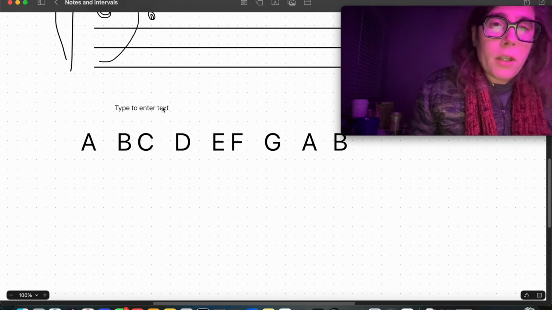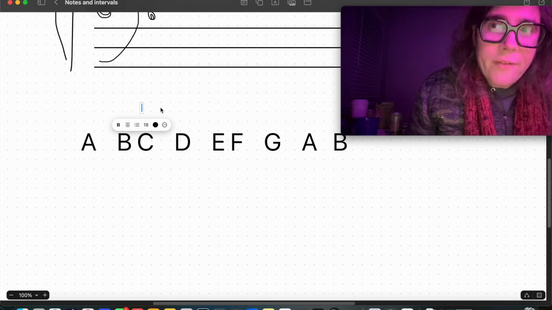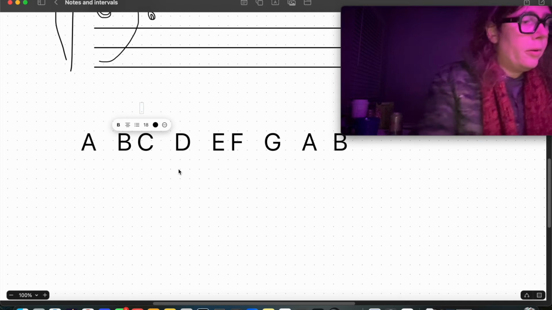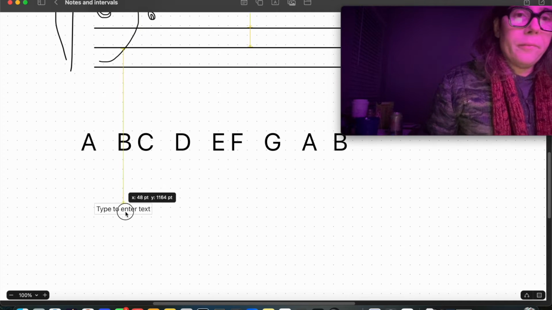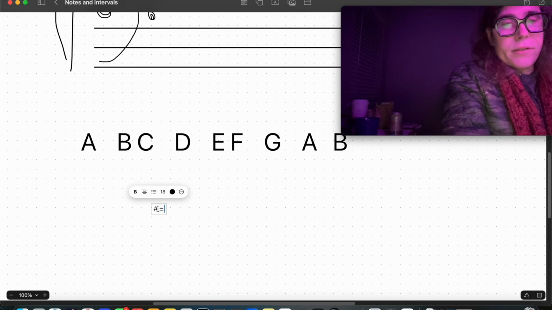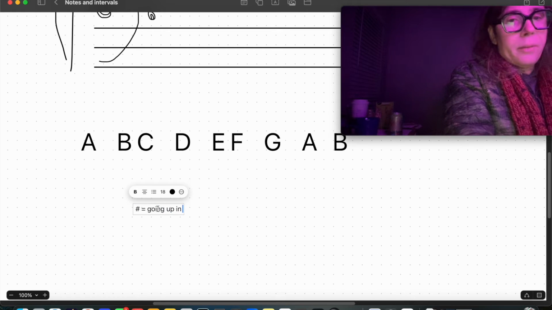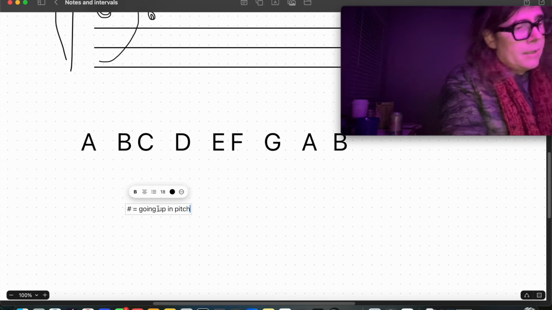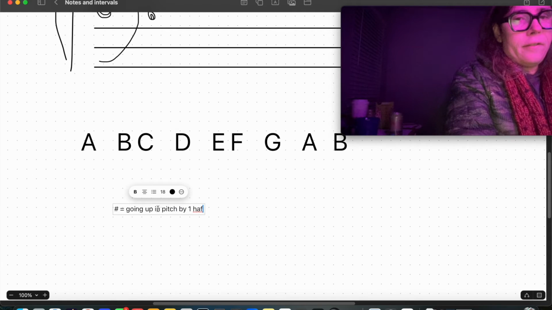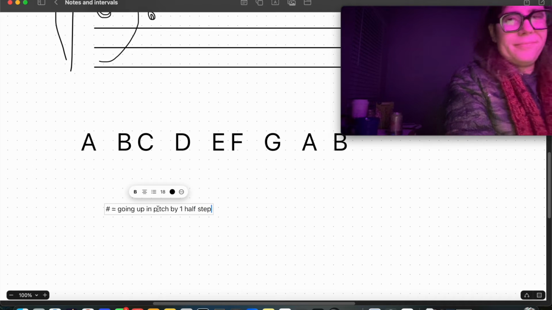So, as we're talking about intervals, we have to talk about flats and sharps. A sharp, I'm going to represent this on another line of text here. Sharp means going up in pitch by 1/2 step.